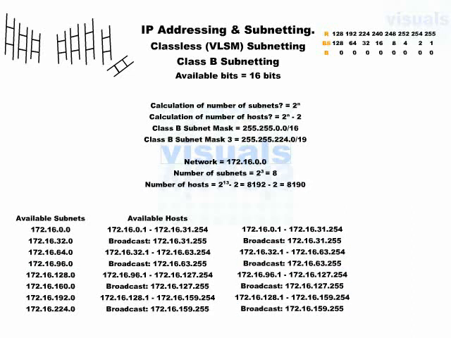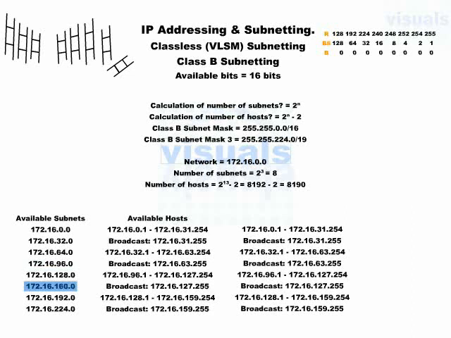Now for this network, 172.16.128.0, addresses range from .128.1 to .159.254. These are the valid addresses for this network, and the broadcast address is 172.16.159.255.